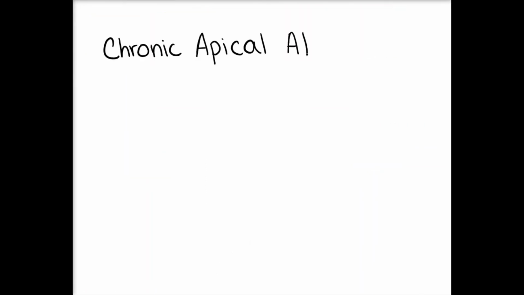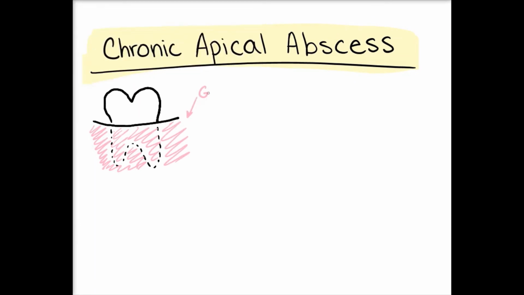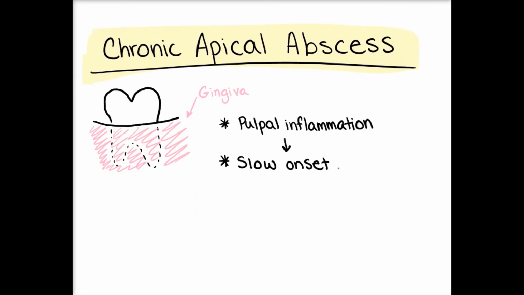As a contrast to acute apical abscesses, we have chronic apical abscesses. Again, I'll draw our tooth in question, but now we're looking at it clinically, not radiographically. Hence, the gingiva is obscuring our view of the roots. Here, that same pulpal inflammation will lead to slow onset of little or no discomfort.